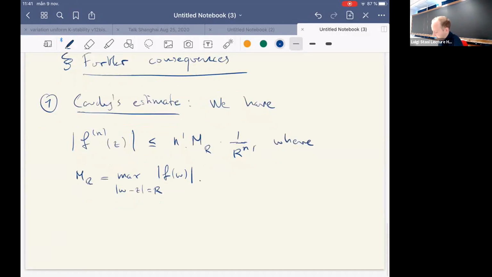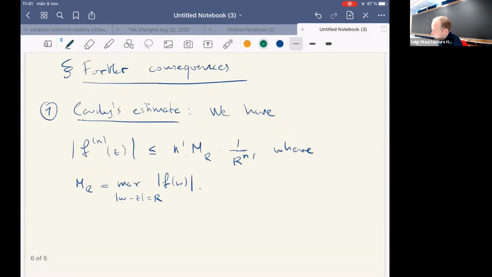This is an extremely used estimate in complex analysis, and the proof is very straightforward.